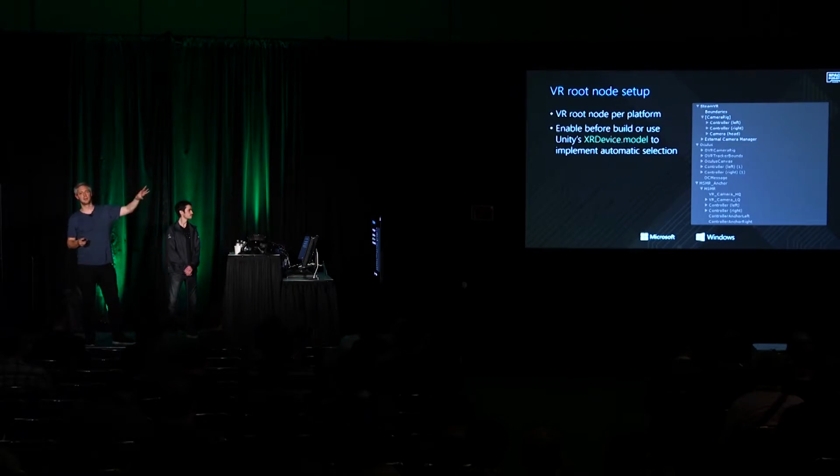They all use a camera and a controller, and underneath the controller we have a prefab for the weapons. Based on the model or the type of system, the platform that you're using, we just enable the right one. You can use XRDevice.model from Unity's documentation to get what model you're using. That's super important and very easy to use.